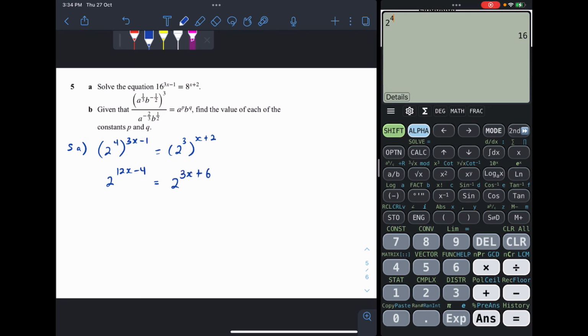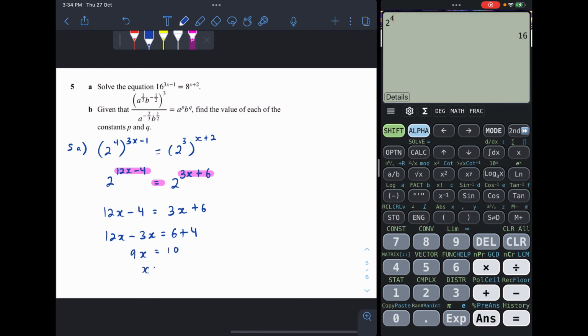Since the base is the same, I can make an equation out of this, which is the pink highlighted ones. So 12x minus 4 equals 3x plus 6. 12x minus 3x equals 6 plus 4. 9x equals 10, x equals 10 over 9.